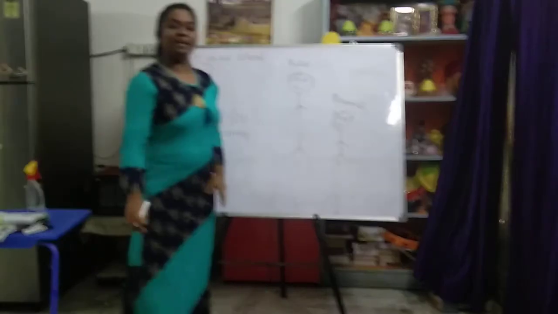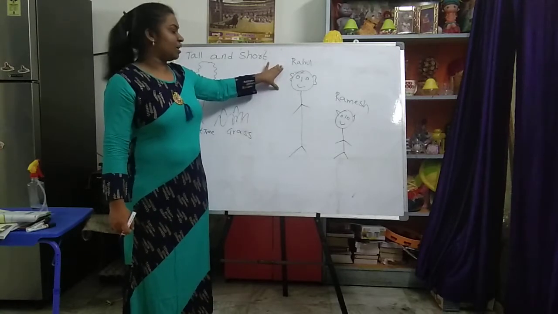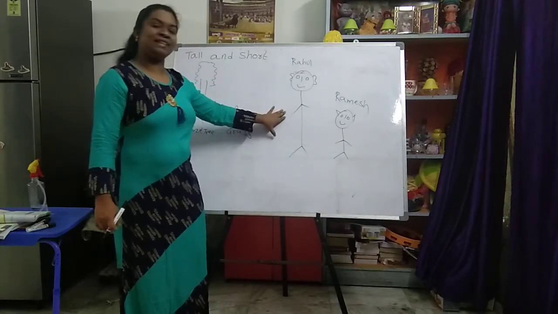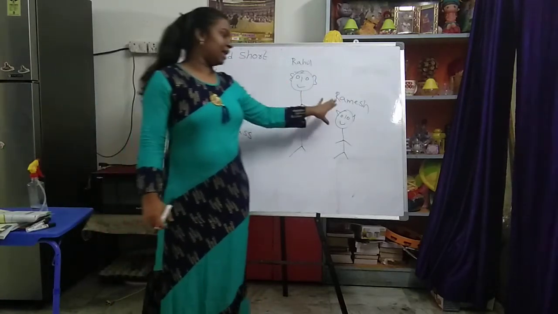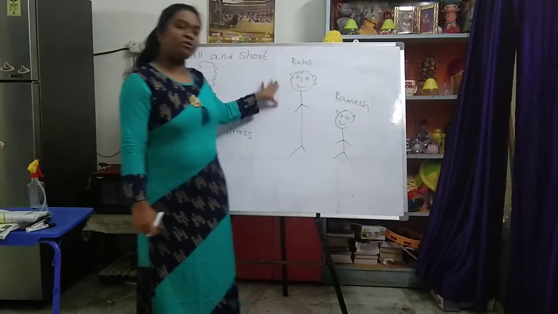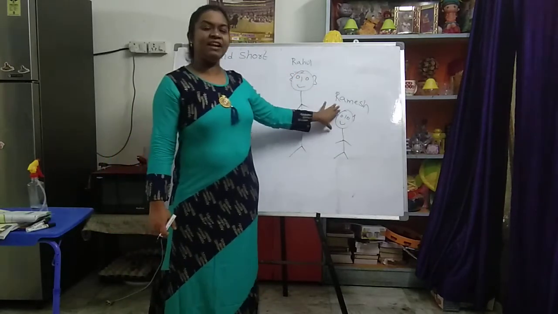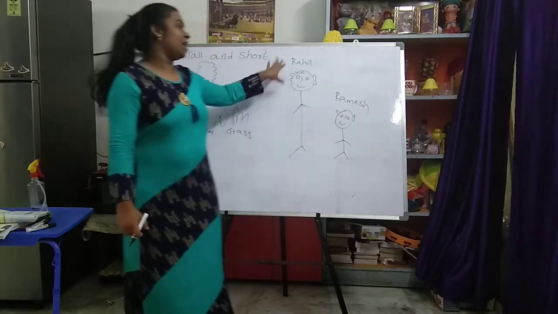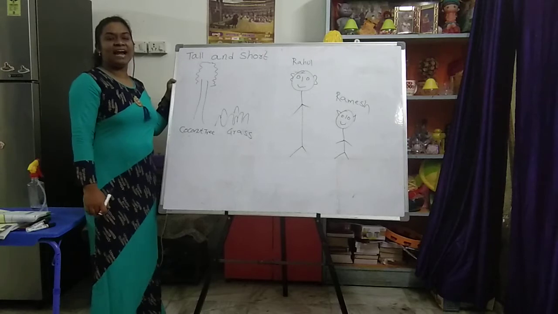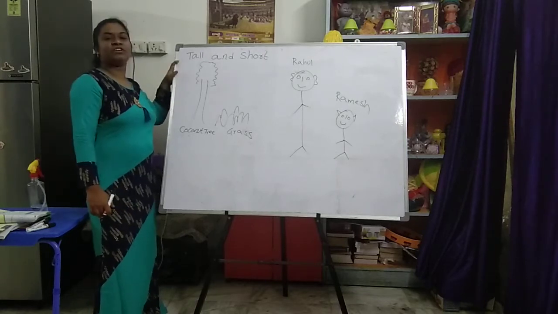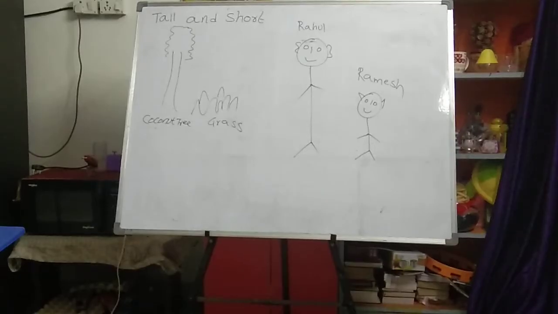Now tell me who is taller? Rahul is taller than Ramesh. Rahul podugunnadu. Ramesh pottiga unnadu. So Rahul is taller than Ramesh. Ramesh is shorter than Rahul. So this is the concept of tall and short. Please copy this in your classworks.